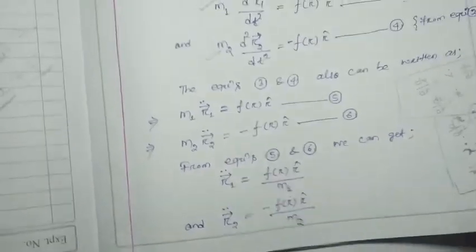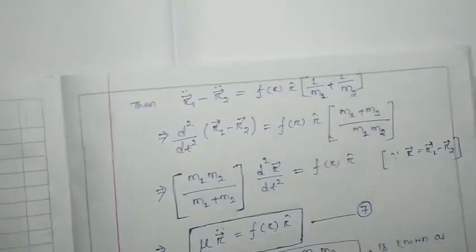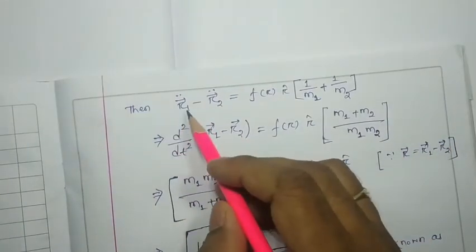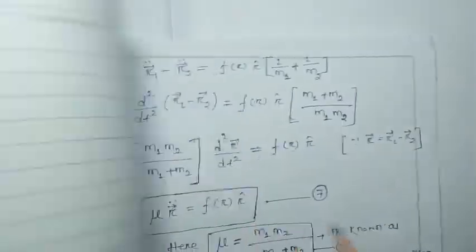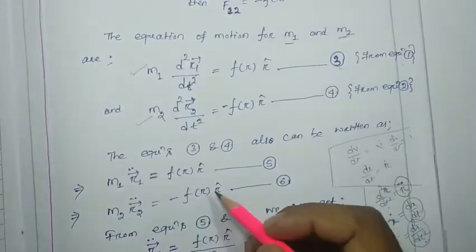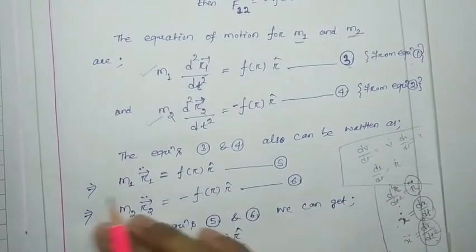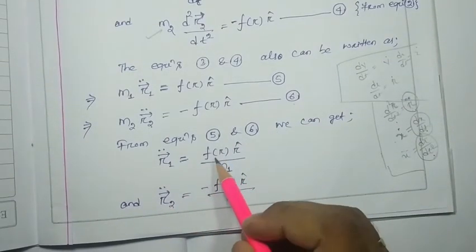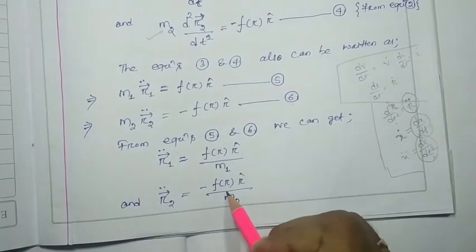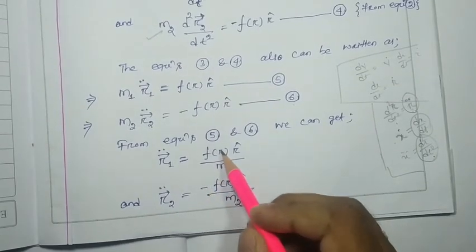Simple thing. Next, we just have to subtract. So r1 double dot minus r2 double dot will be equal to this minus this. Already minus is there, so this plus this.